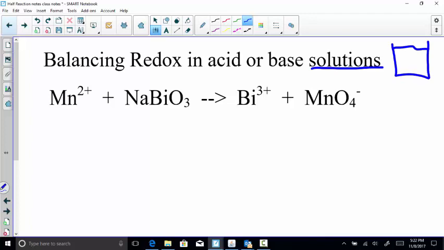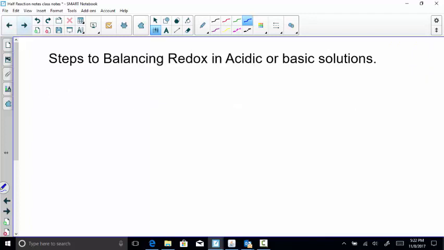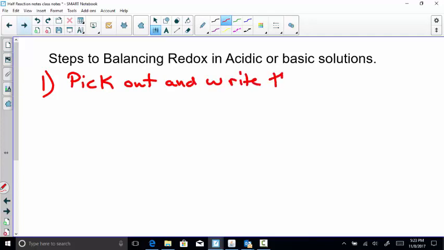Okay, so like all redox reactions, the very first step is to write the half reactions. So you need to pick out and write the half reactions. That's step one.